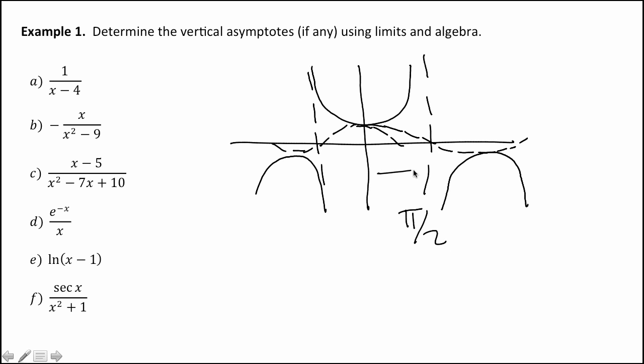So if you approach from the left side, notice that the function is increasing to positive infinity. And if we approach from the right side, the function is decreasing towards negative infinity. Then you can multiply that by the limit for 1 over x squared plus 1, and you're still going to get the same answer. So you can also exploit the graph of secant to help you with this example.